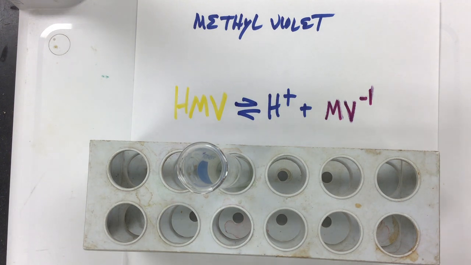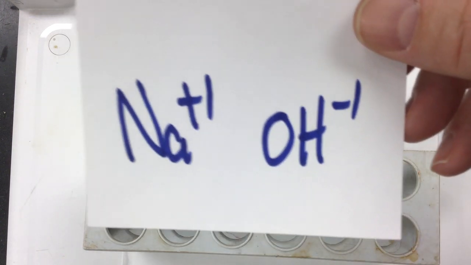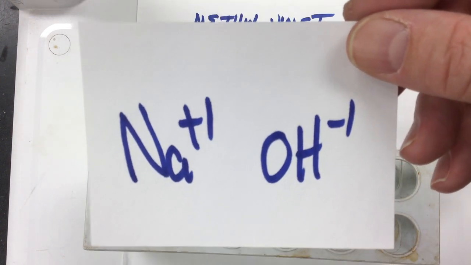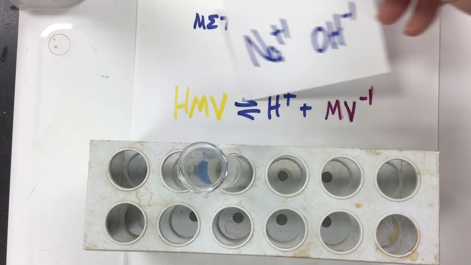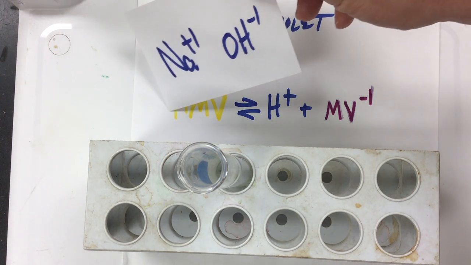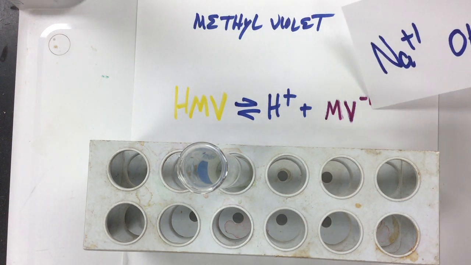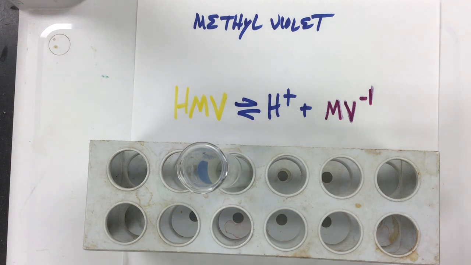None of those are Na and none of those are OH, because in reality, NaOH is soluble because of that Na. So in reality, what I'm doing is I'm adding in Na positive and OH negative. But still, this guy here doesn't have anything to do with Na, and this guy here doesn't have anything to do with OH negative. So you might say at first glance that there is no effect whatsoever on this.